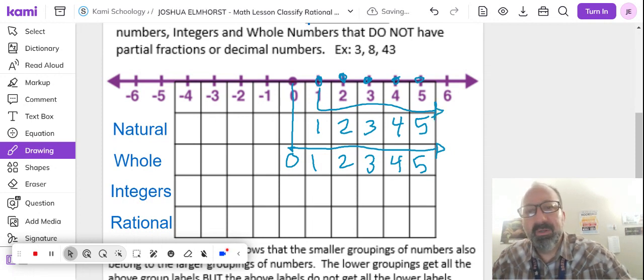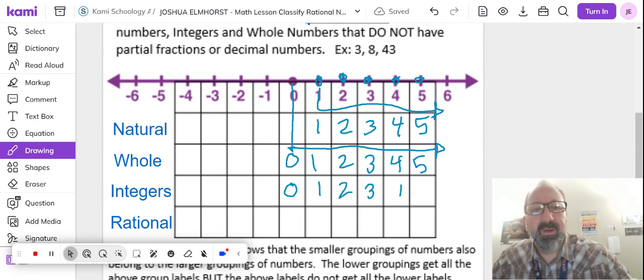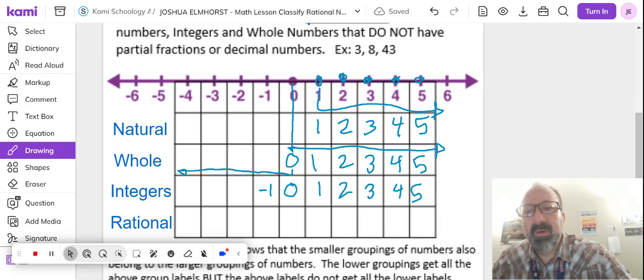And then integers is going to include 0 and then 1, 2, 3, 4, 5. But how integers expands this group of numbers is that it's going to include the negatives. So integers is going to go to the right and to the left.